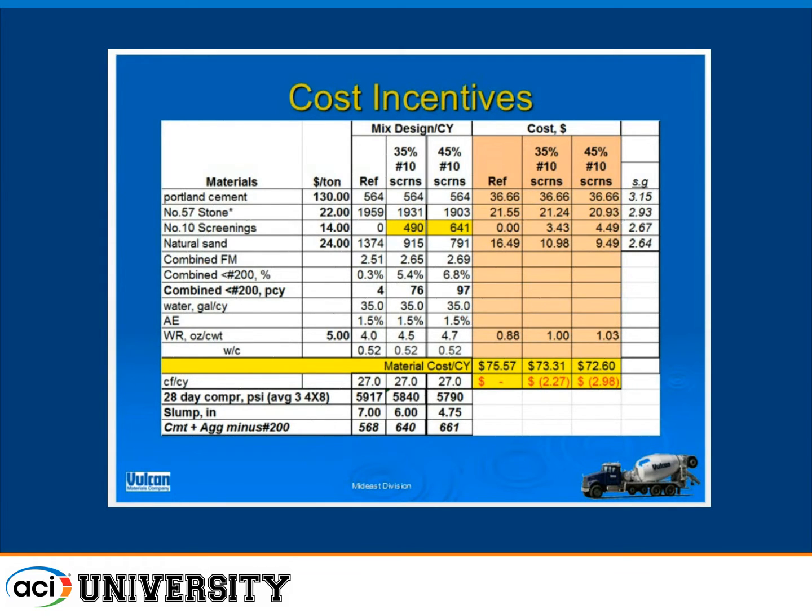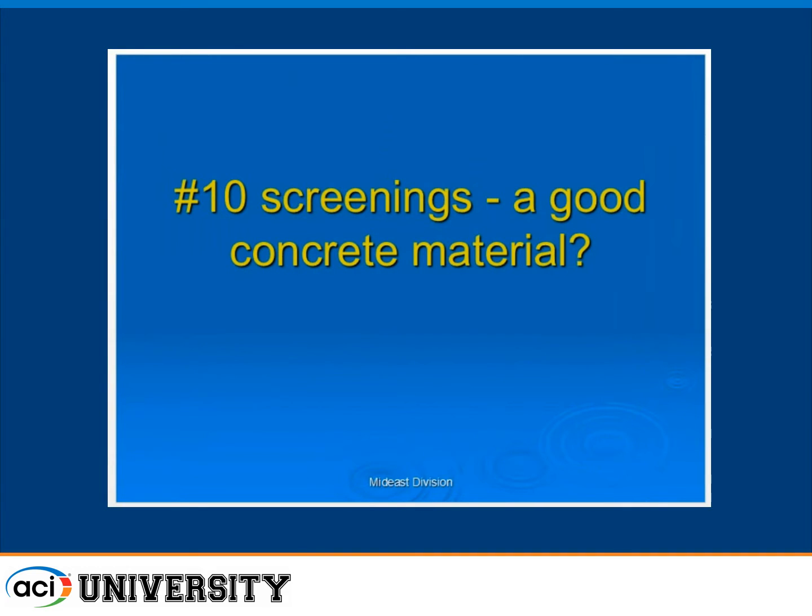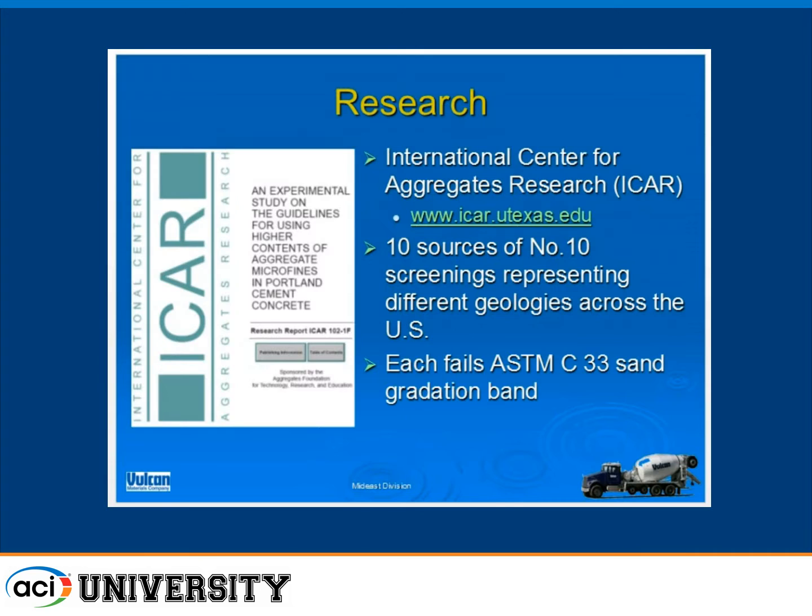Real quickly, is number 10 screening a good concrete material? That's a very fair question, and with that, I want to rely on the research that was done at the University of Texas. Dr. Fowler, under his direction, there was a lot of good research publication that came out of that center. This particular one focuses on using number 10 screenings.